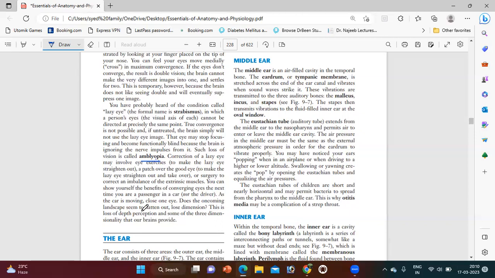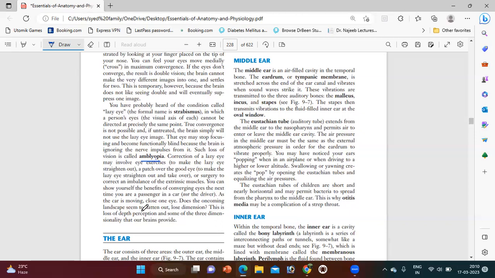Basically, if there is any problem in the eye pathway, in the eyeball, in the visual field or visual area, you can have vision defects.